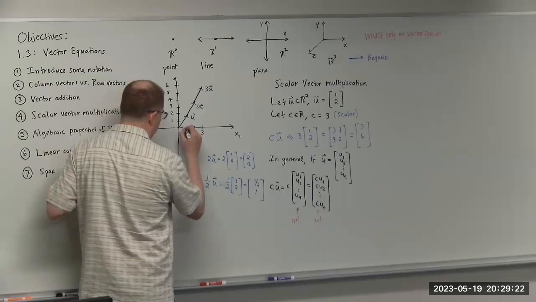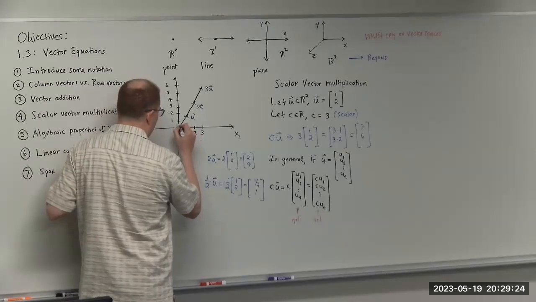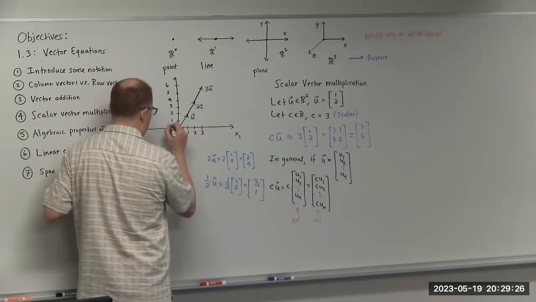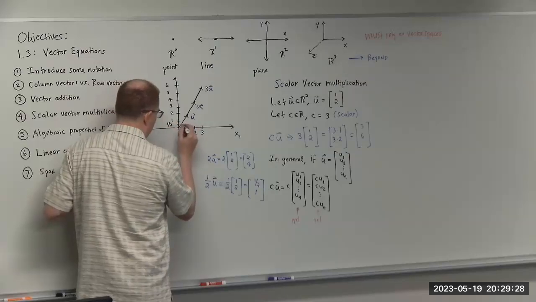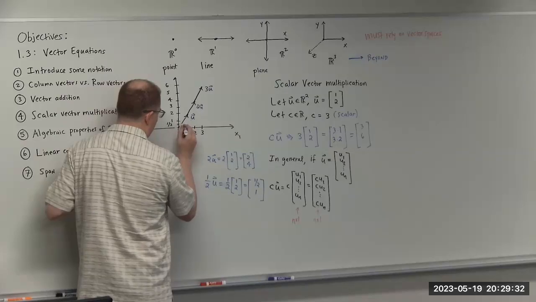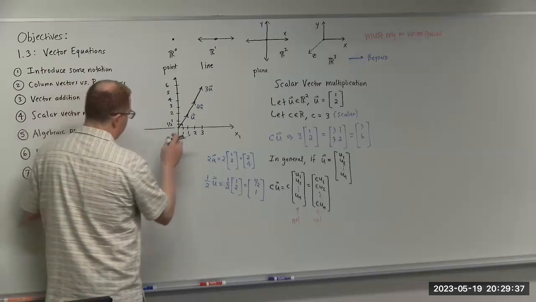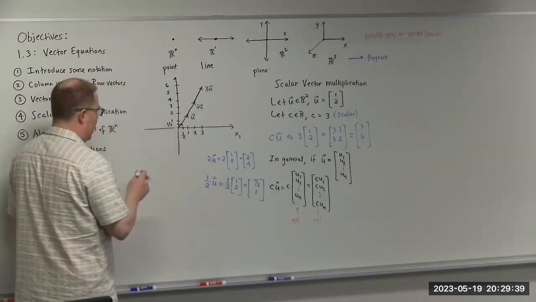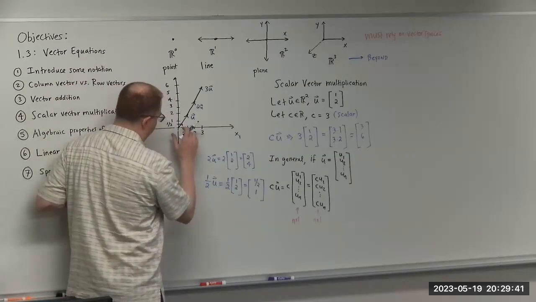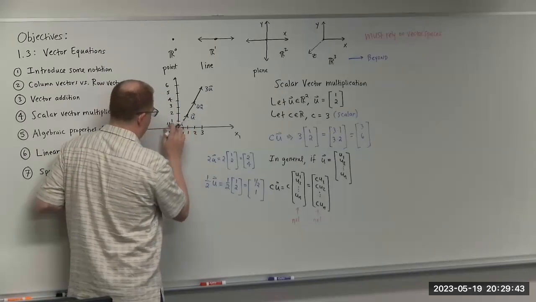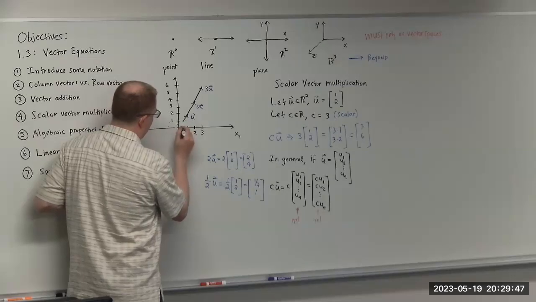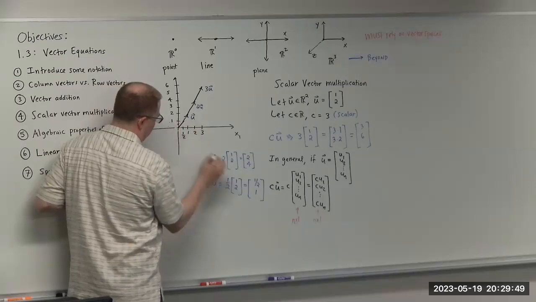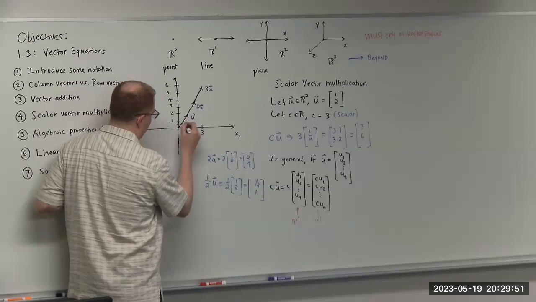So here's 1/2, and here's 1. It's a little bit hard to see there, but hopefully you get the idea. All right, let me fix that. So there's 1/2, and then there's 1, so we're actually here.